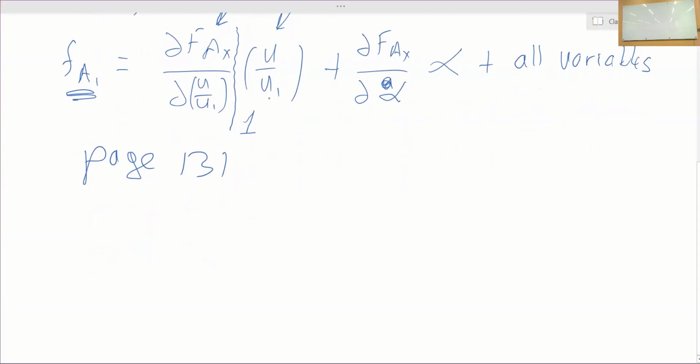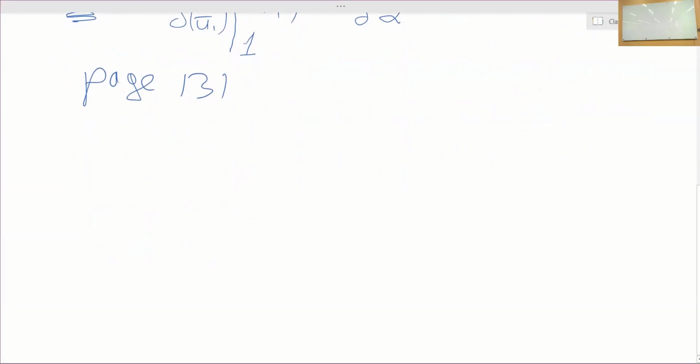We have to do some preliminaries here to describe the forces and the moments, because in steady state, we're in the stability axis, of course, because that's where we're doing our analysis.